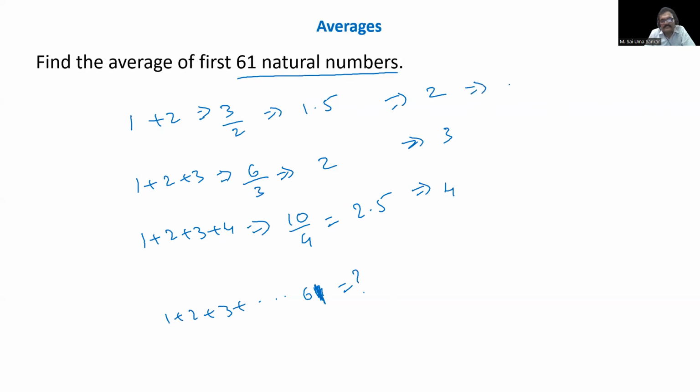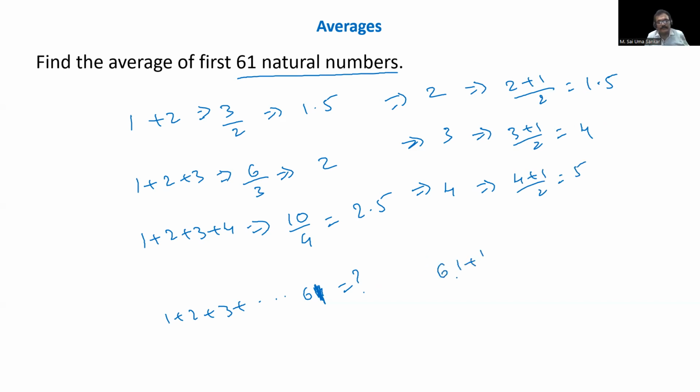What is the average? 2 plus 1 by 2, that is equal to 1.5, or not? And what about this one? 3 plus 1 by 2, that is equal to 2. What about this one? 4 plus 1 by 2, that is equal to 2.5. Etc. Here, what is the average of 61 natural numbers? 61 plus 1 by 2, so that is equal to 31, which is the required answer.